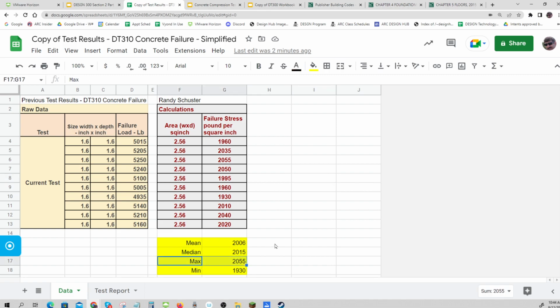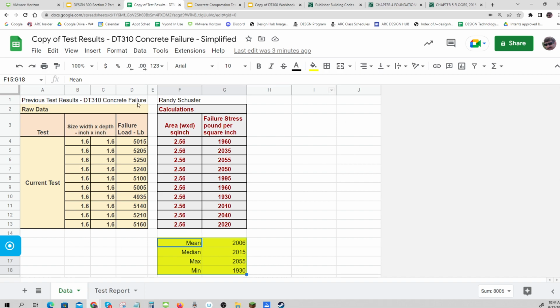The max is the highest value, and the min is the lowest value. And when we get these 3 values somewhat near this value of the mean, we think we have a good test. And the engineer or the architect would look at these numbers and make that determination.